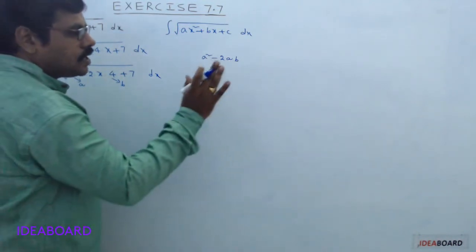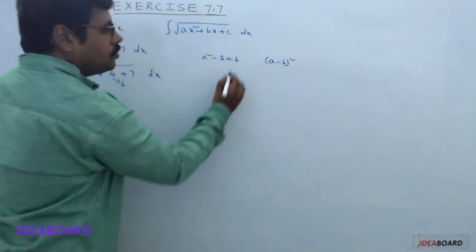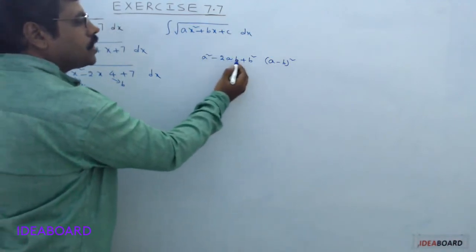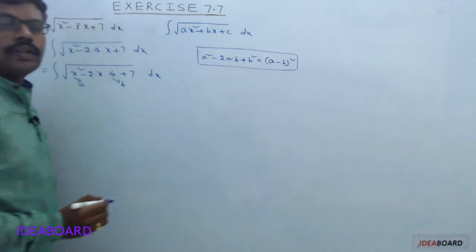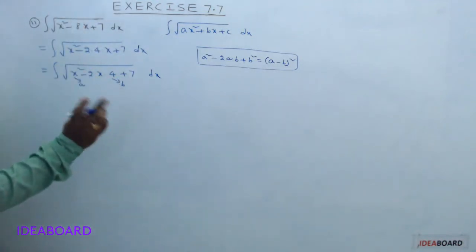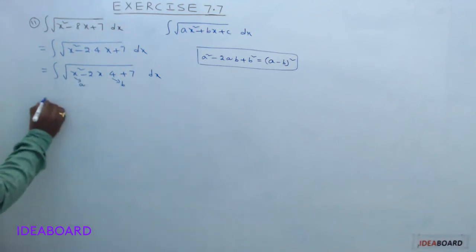To make this expression as a perfect square, we need one more term, that is b square. So a square minus 2ab plus b square is a minus b whole square. So to make this expression as a perfect square, we need a constant term 4 square.